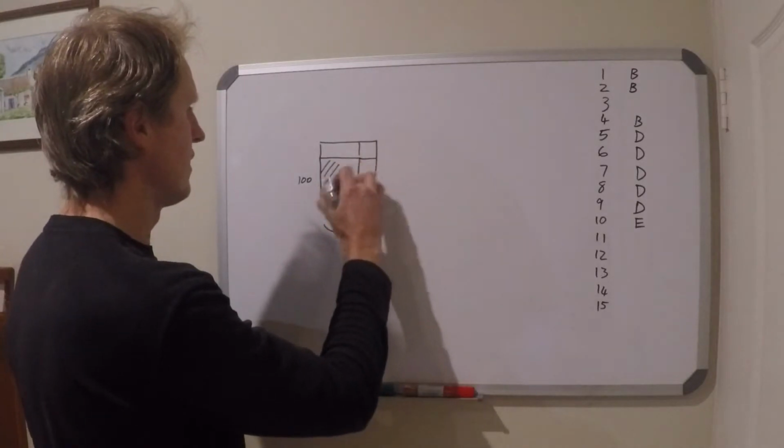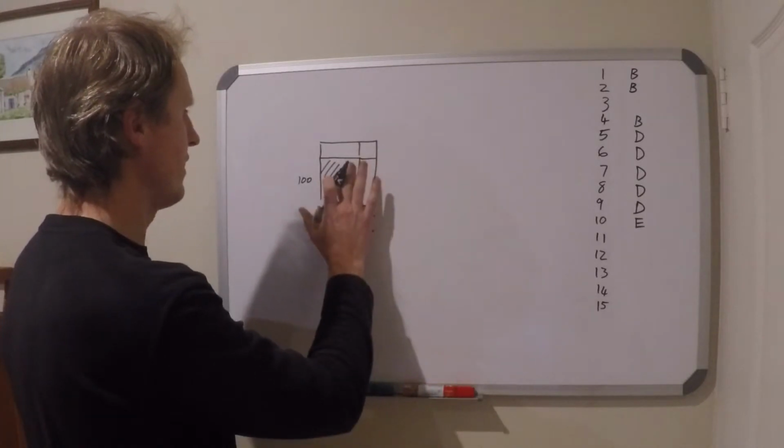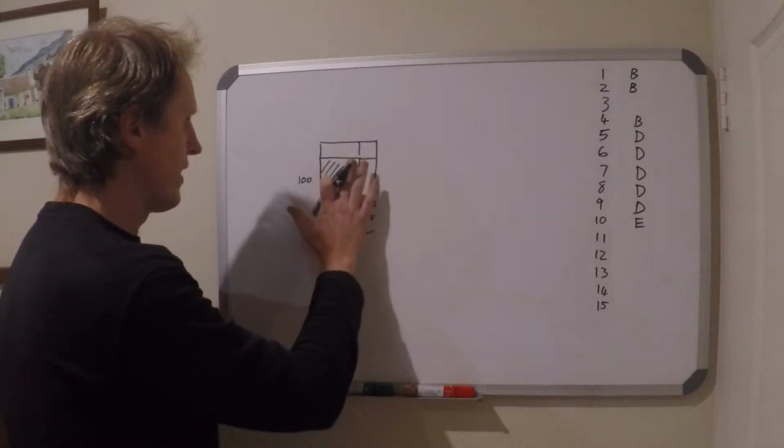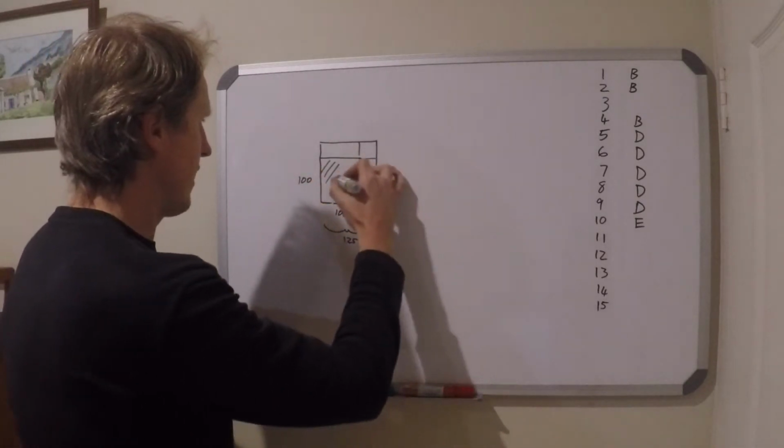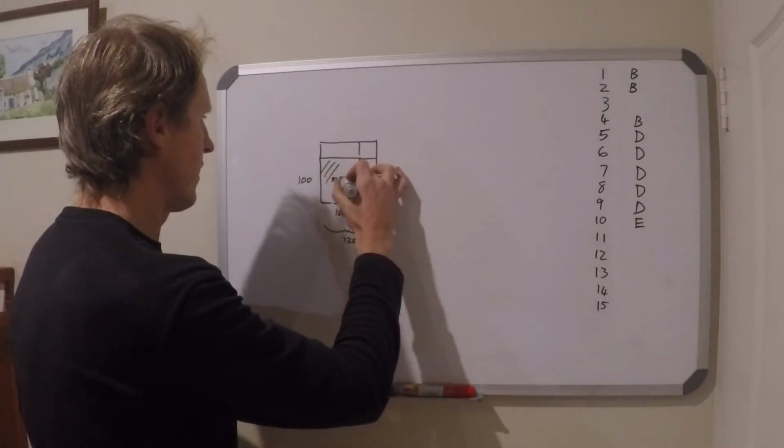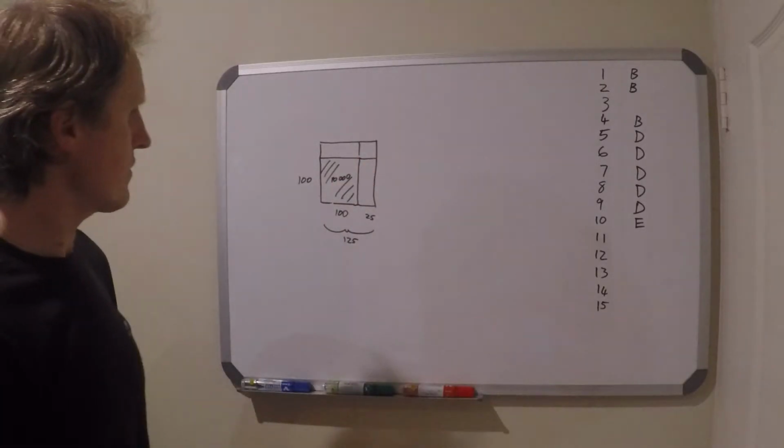So this is the original square, and the area here is 10,000.